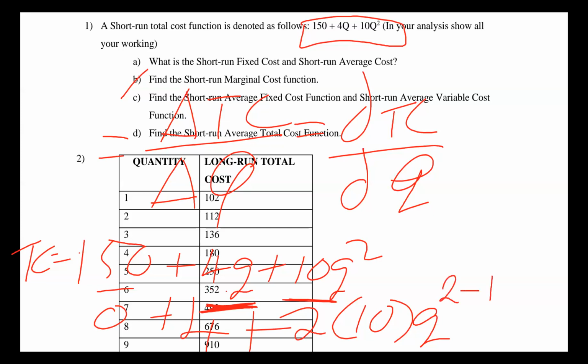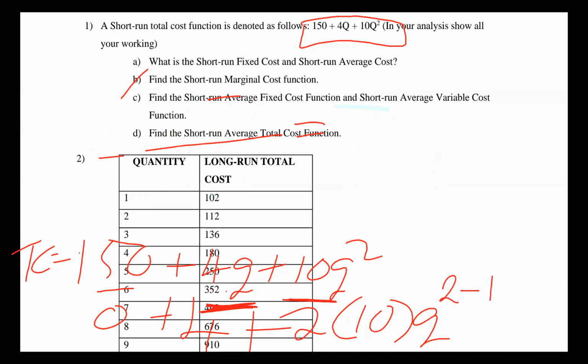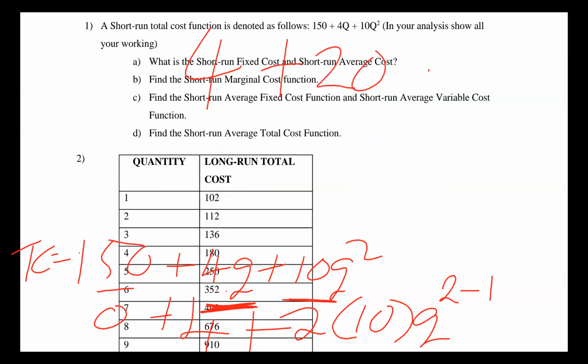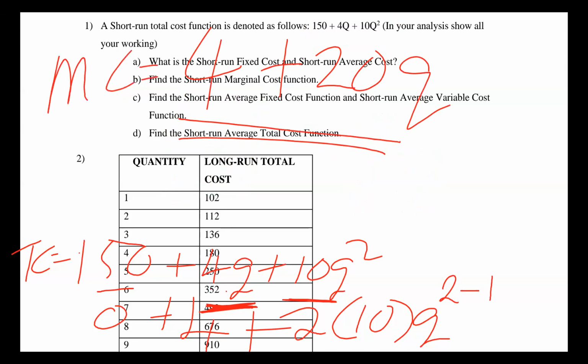Just trying to remind you of the principles of calculus. So from there, you have 4 here because 0 plus 4 is just 4, plus 2 times 10 is 20q, 2 minus 1 is just 1. So this will be your marginal cost function.